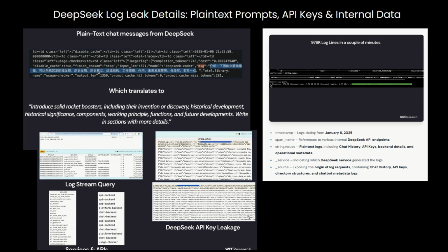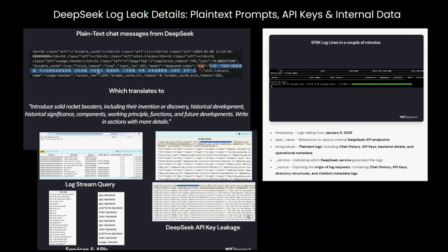So the key takeaway here is: LLM logs are not just logs. They are often full of sensitive user input, business logic, API activity, and internal behavior. Treat them as sensitive data.